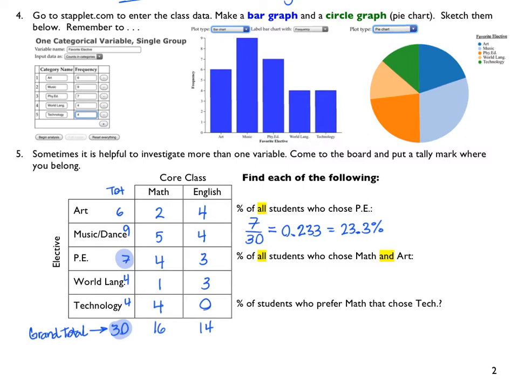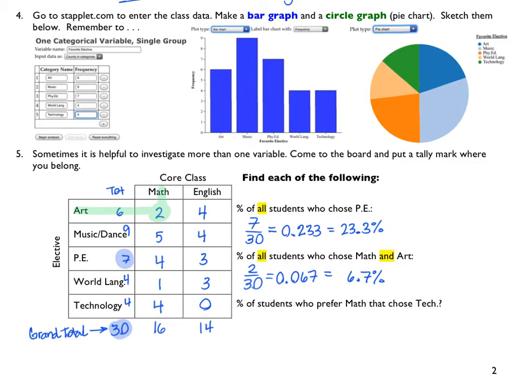So we go to art, we go to math, and we have 2. We're finding the percent of all students, so that means it's going to be 2 over 30. And next, we're going to find the percent of students who prefer math that chose tech.